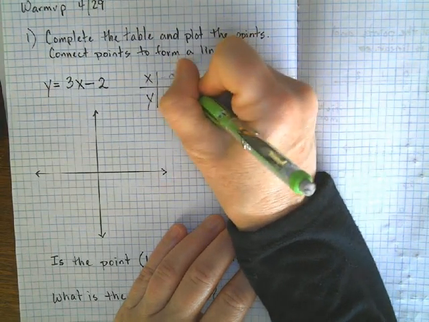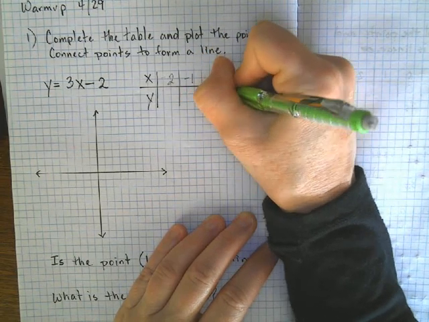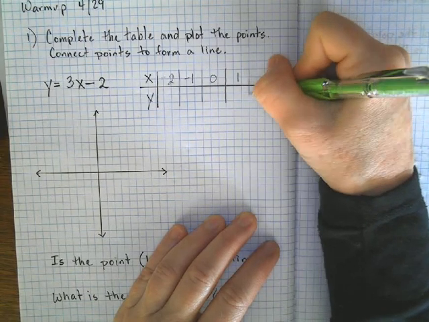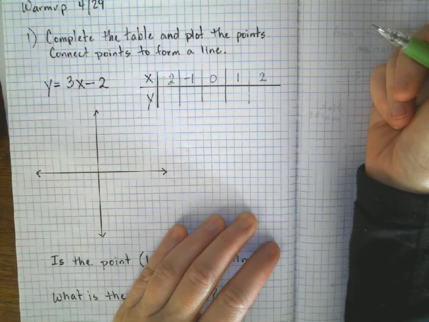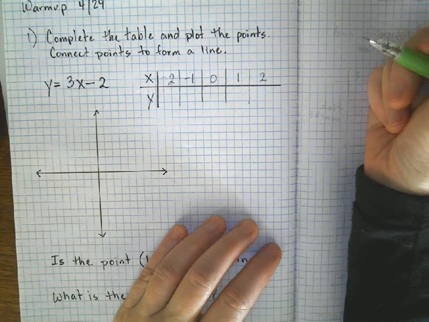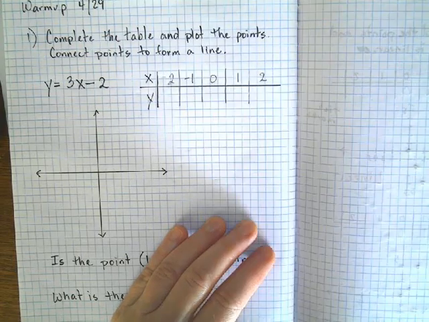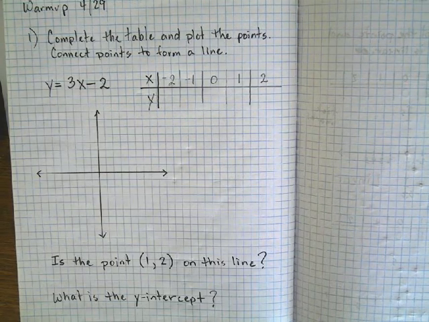So I'm going to do -2 and then -1 and then 0, 1, and 2. But when you're being a real mathematician and doing your own problems, you would choose what numbers you want for x. Sometimes different numbers would be helpful.